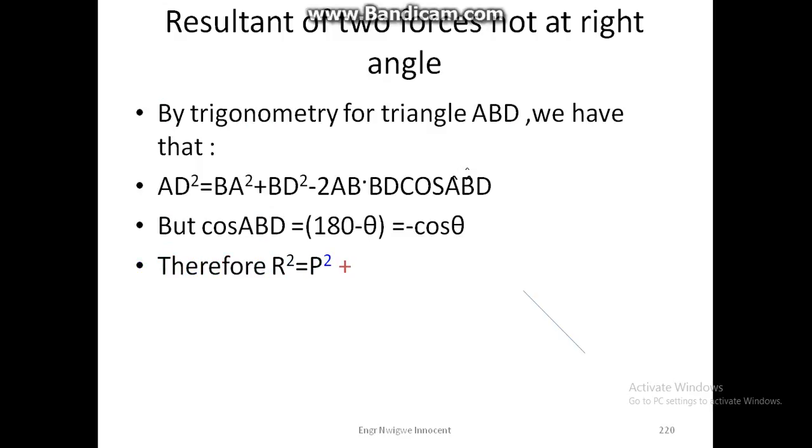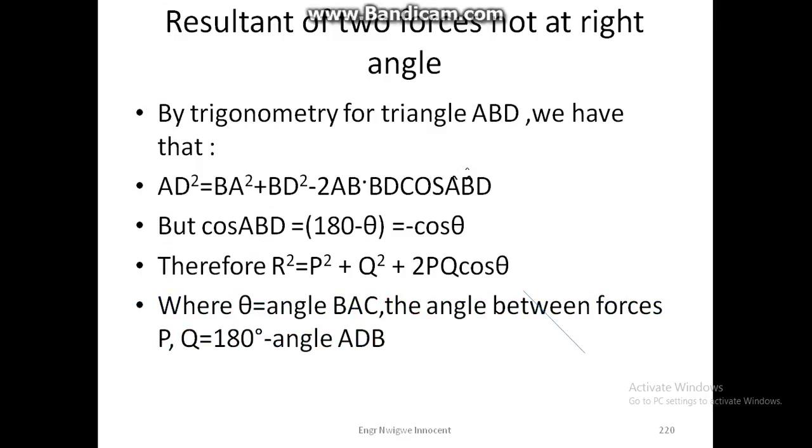Therefore, R squared is equal to P squared plus Q squared plus 2PQ cos theta, where theta is equal to angle BAC, the angle between forces P and Q, which is equal to 180 degrees minus angle ADB.